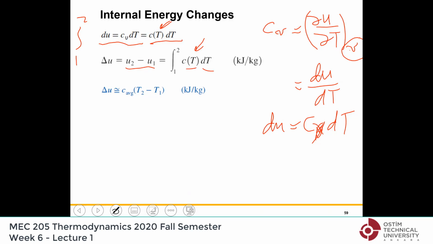Special case if C is constant, okay, then C comes out of the integral sign, the constant value, and integral dt is simply T2 minus T1, right? So delta U is C average times delta T.